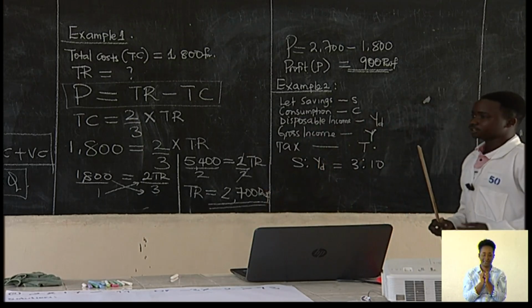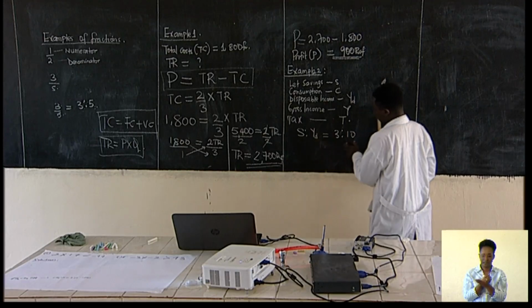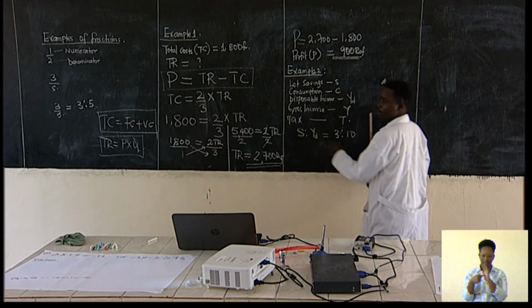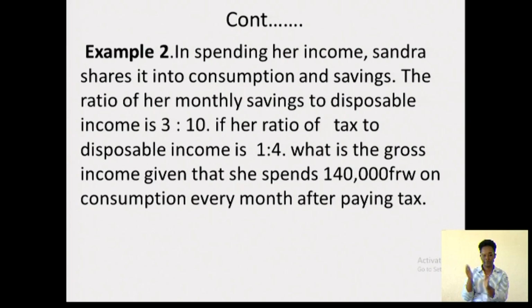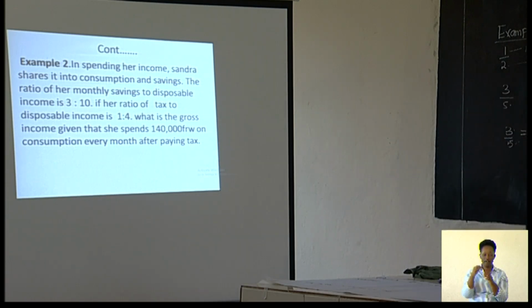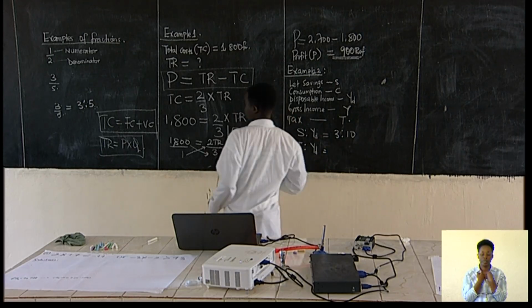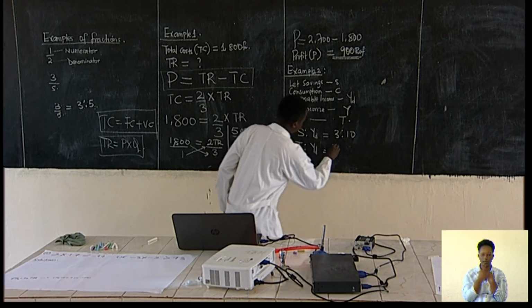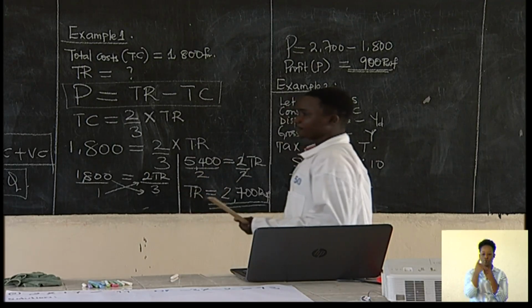So you have to indicate it in this way, meaning that this 3 represents savings, then this 10 represents the disposable income. Then we extract another piece of information: the ratio of tax to disposable income is 1 to 4.